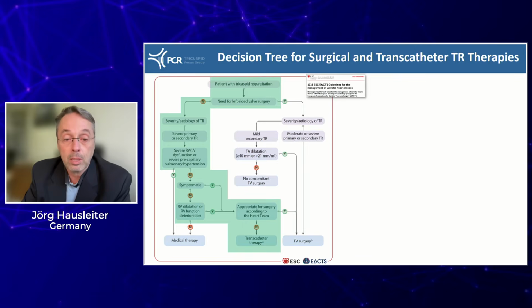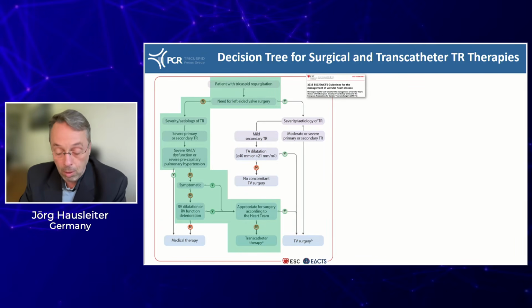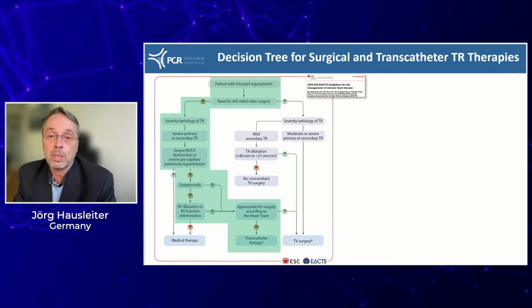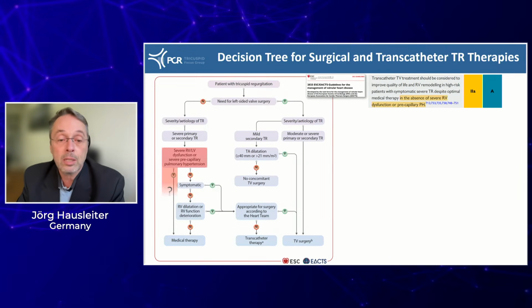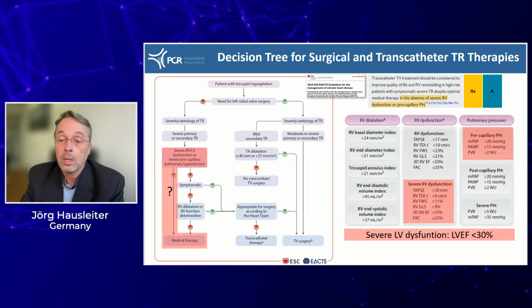And this is based, as I said, on these 3 trials. But there are some aspects which have not been studied in the trials. For example, patients with severe right ventricular dysfunction, severe left ventricular dysfunction, or severe precapillary pulmonary hypertension. And this is why the guidance currently only suggests that those patients might be better treated with medical therapy because they have not been studied so far.